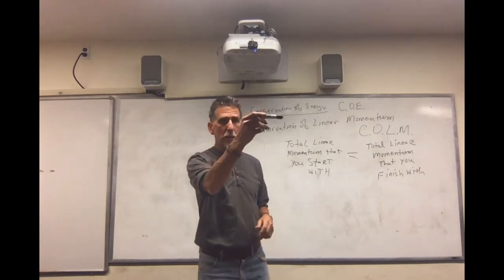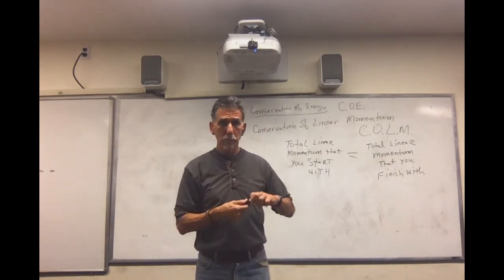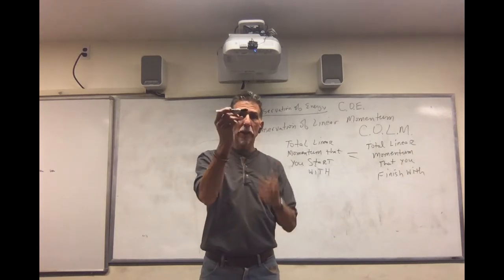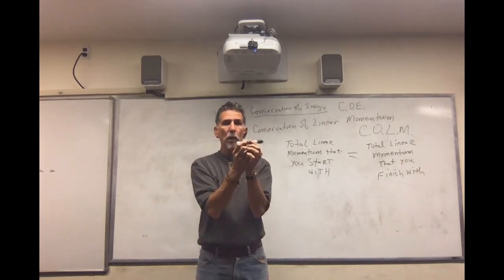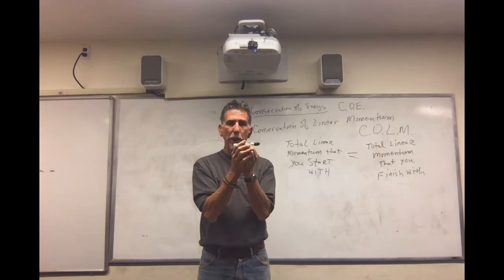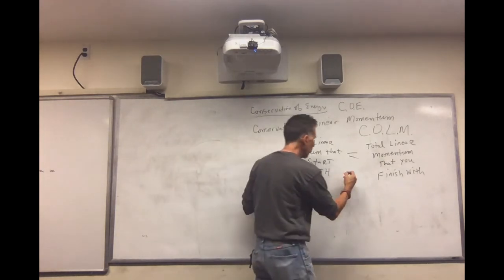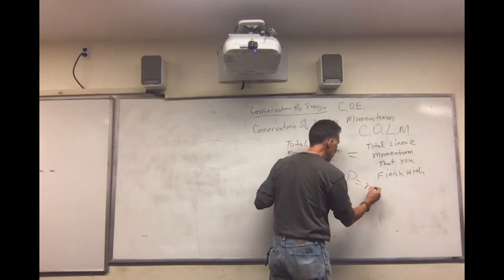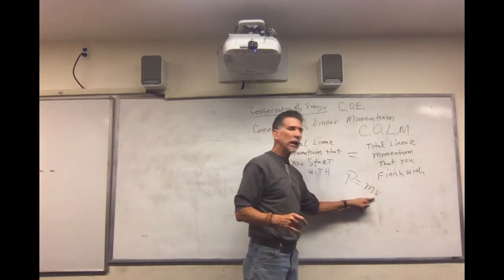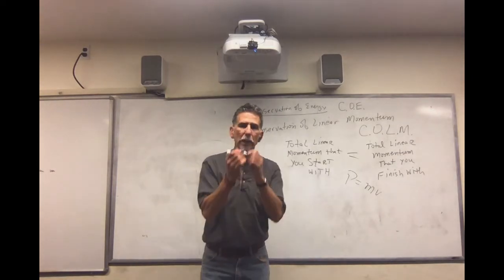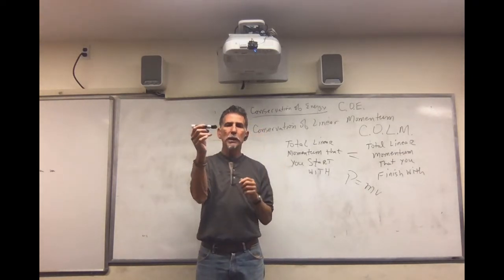Imagine this pen is a rifle, and the top is the bullet. This is my system, and it's sitting here. So here's my system beforehand. Nothing's moving. Remember, linear momentum is mv. If nothing is moving, what is the total momentum? Zero. So my initial momentum of the system is zero.